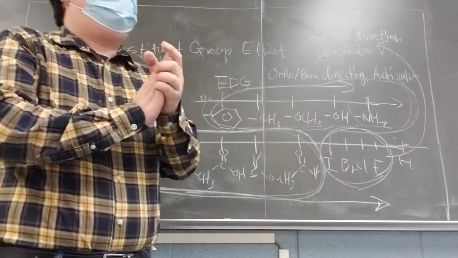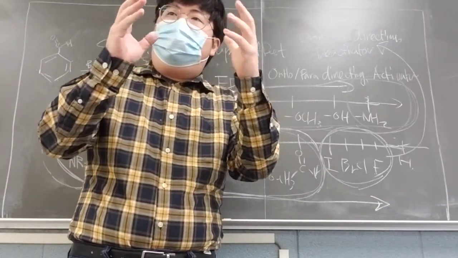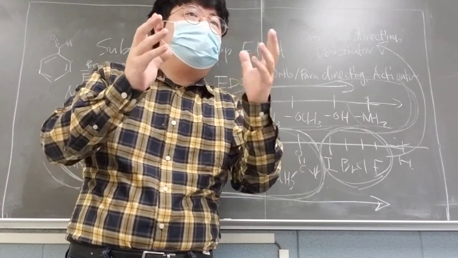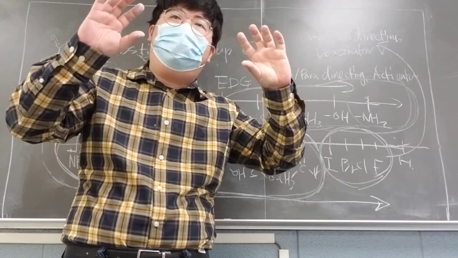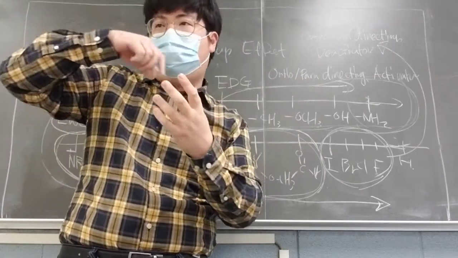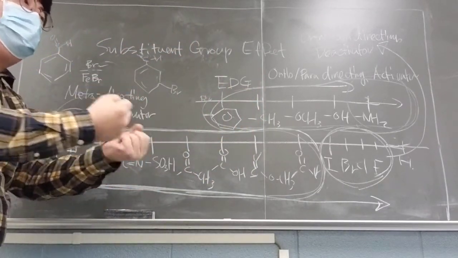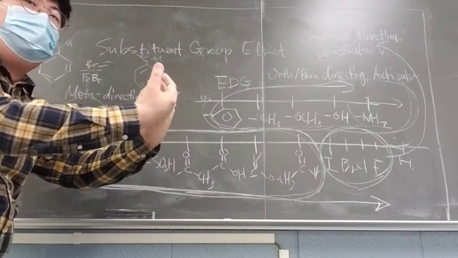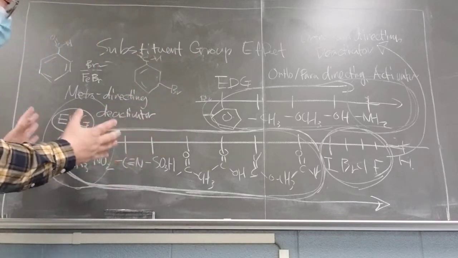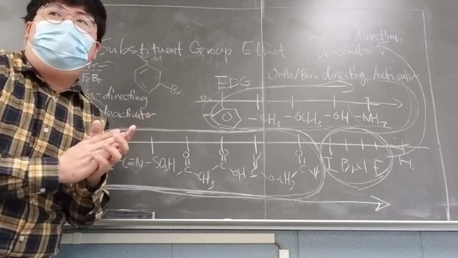Because think about it. If you think about the aromatic compound, it's simply a cyclic compound with all pi electrons conjugated in the ring structure. So if you have any group that is withdrawing the electron density in the conjugated ring structure, your compound becomes less stable.